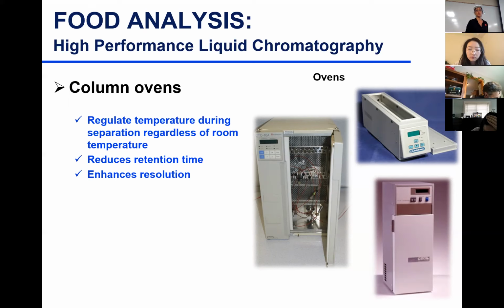That impacts your resolution. Every time your components will come out at a different time because the temperature is changing, so their movement is changing, so you don't have consistent retention time. So it's very much recommended that no matter what temperature you're running at, you put your columns in the oven and control the temperature.